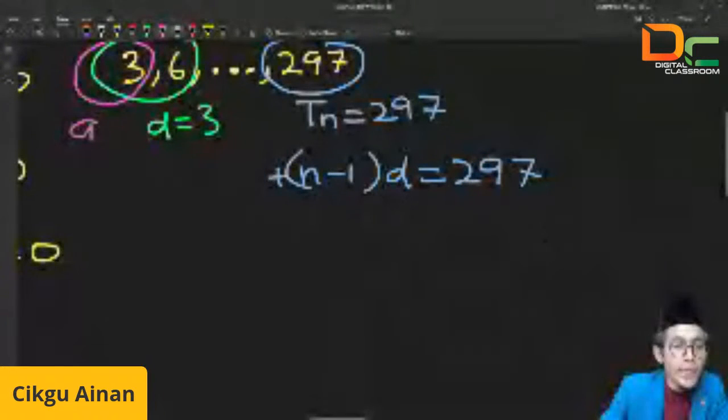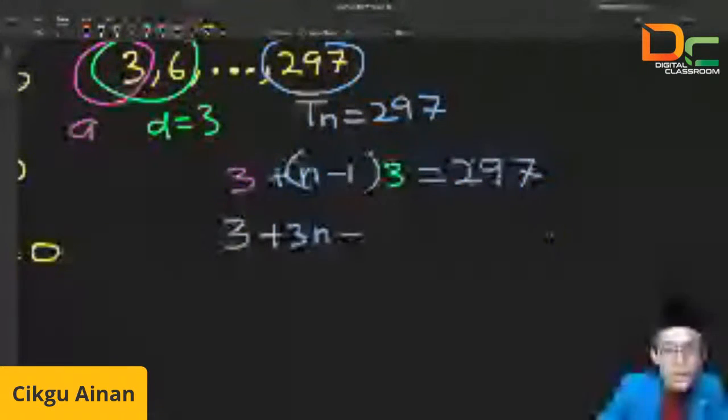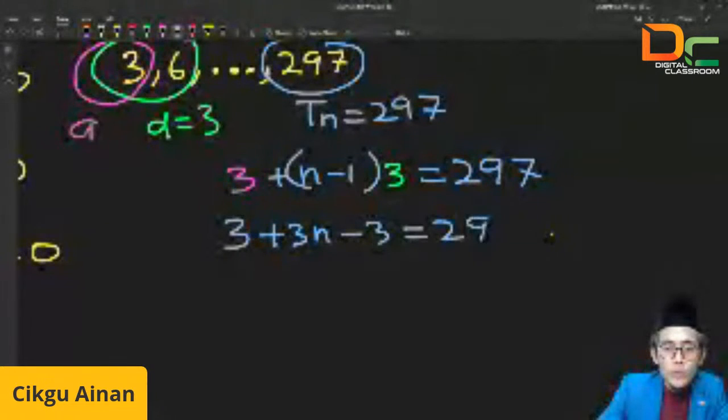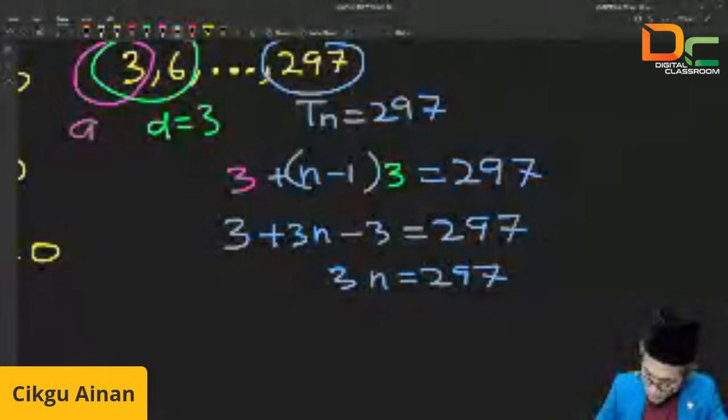A is 3. D is 3 juga. Continue. 3 plus 3N minus 3 equals 297. Okay, and then this 3 minus 3 gone. 3N equals 297.